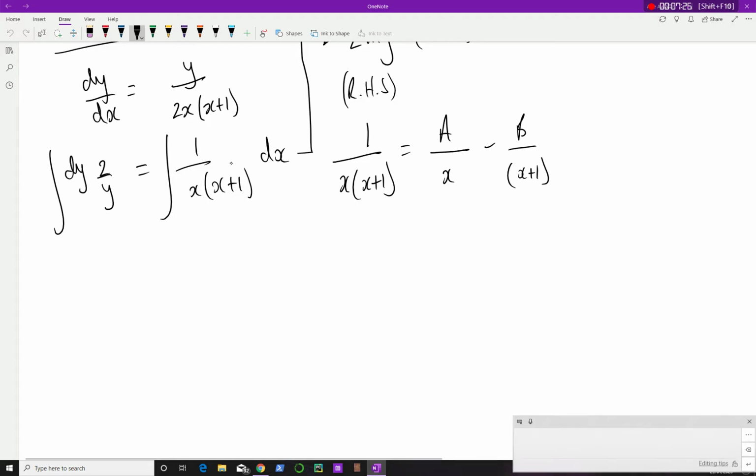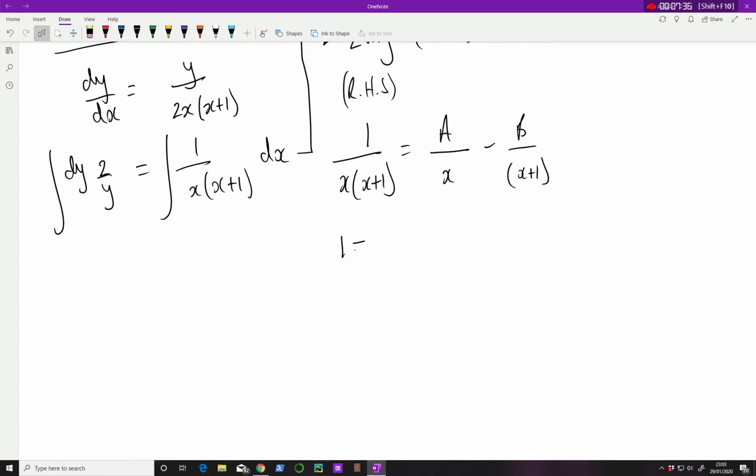So this is its own equation, or this is its own expression. Okay, so I can multiply both sides by x(x plus 1) to get me 1 equals a(x plus 1) and b minus bx.